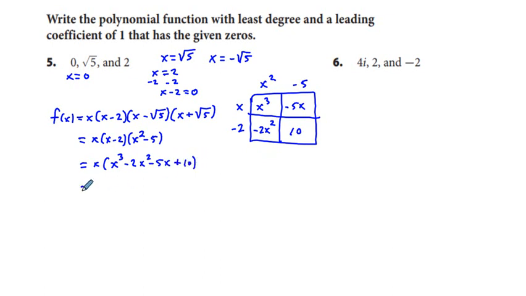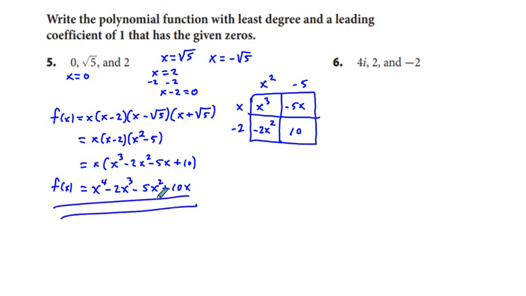Distributing that x to everything inside the parentheses, we have x to the 4th power minus 2x cubed minus 5x squared plus 10x. So that's this function written in standard form. Okay, so that's going to be our answer for this one.